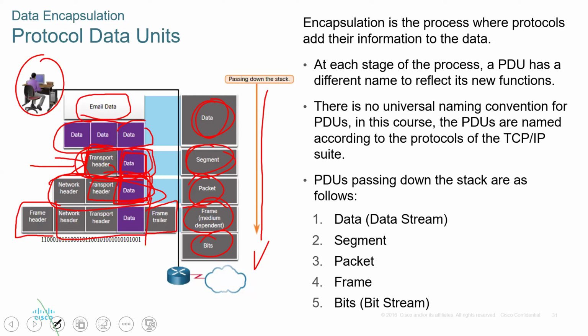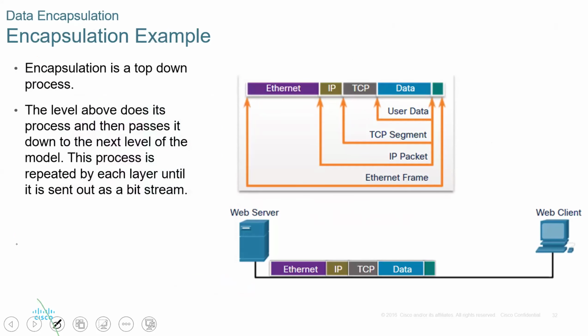The frame trailer contains basically error detection, like a cyclic redundancy check, just to ensure that the entire frame is not altered. It is after this whole thing that it will be converted into bits before sending it through the network media.